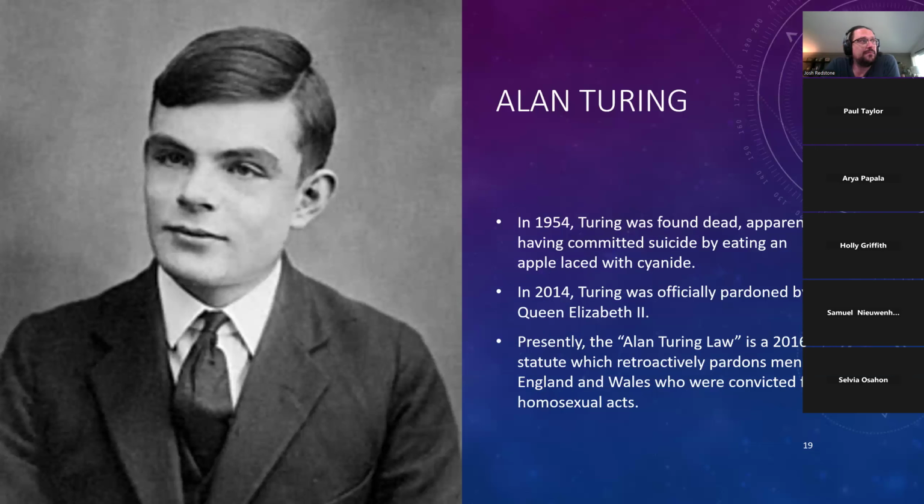The way they depict the roles of some of them, like Joan Clark, Keira Knightley's character, in the film, she just kind of shows up and solves a crossword and joins Hut 8. That's not how that happened. I mean, Joan Clark was a leading mathematician. She was brilliant in her own right. She did not join Project Ultra by being good at crosswords. She came highly recommended by her mathematics professor.